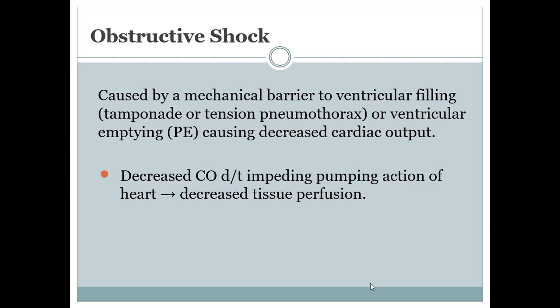So moving on, we've got obstructive shock. It's caused by a mechanical barrier to ventricular filling, like tamponade or a tension pneumo, or ventricular emptying, like a PE, causing decreased cardiac output. So decreased cardiac output is due to impeding pumping action of the heart.